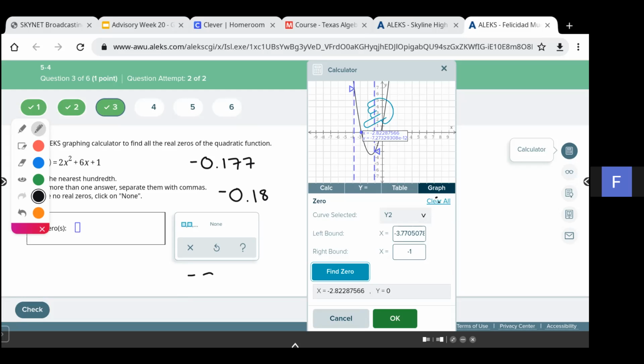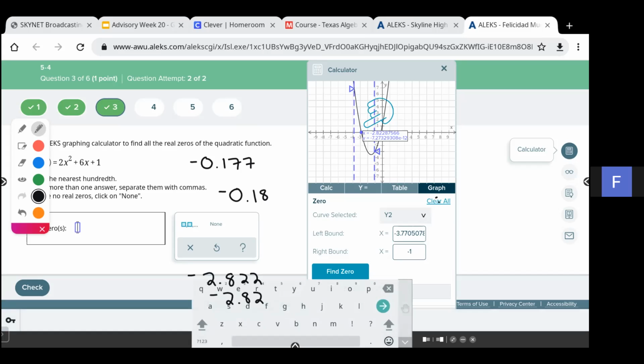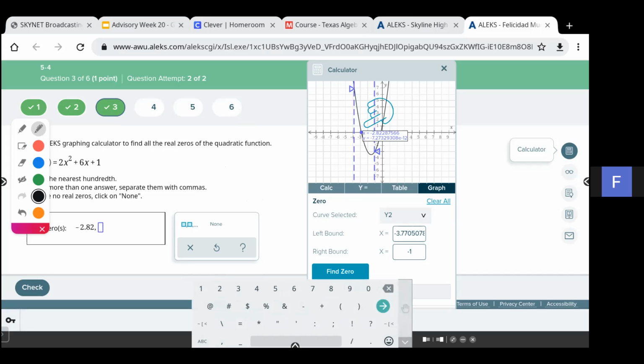So this is negative 2.822. So that just becomes negative 2.82 for when I submit it. And so we said the first one's negative 2.82. Negative 2.82, comma, negative 0.18.